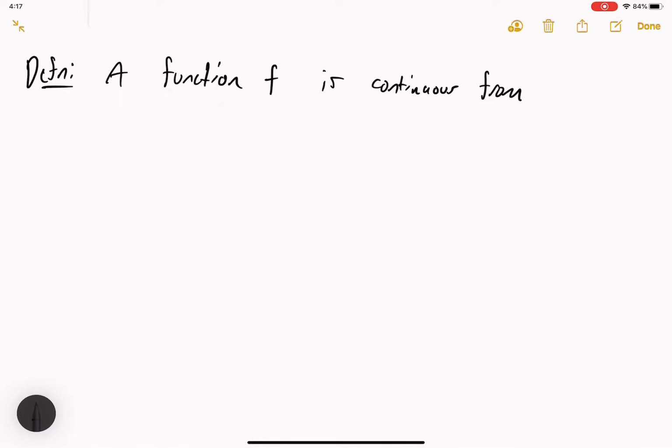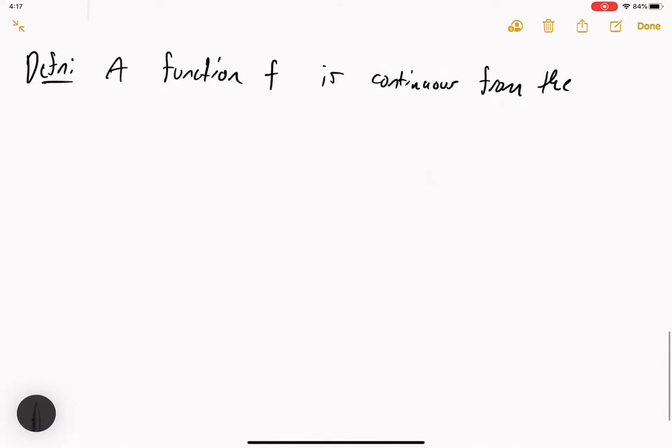All right. So another definition. Say a function f is continuous from the right at a number a, which is just a generic number.